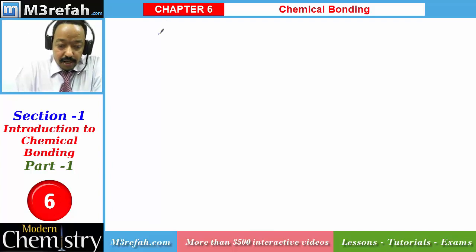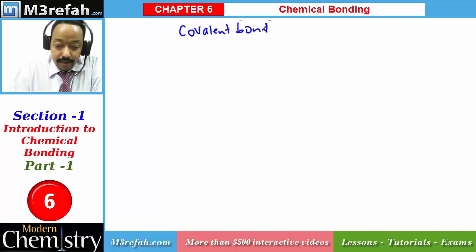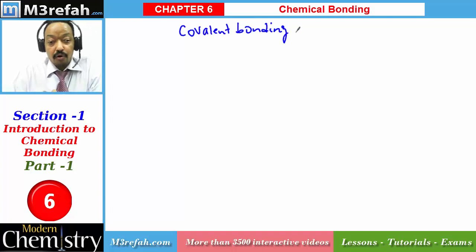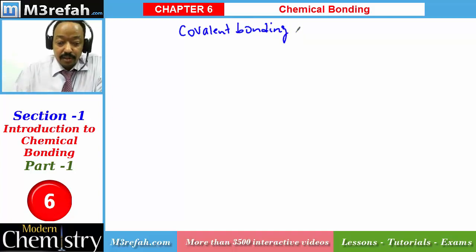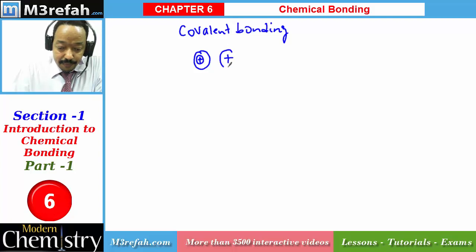The first one is covalent bonding. In covalent bonding, as the name indicates, co means together. These two atoms come together for the sake of attaining a noble gas configuration.